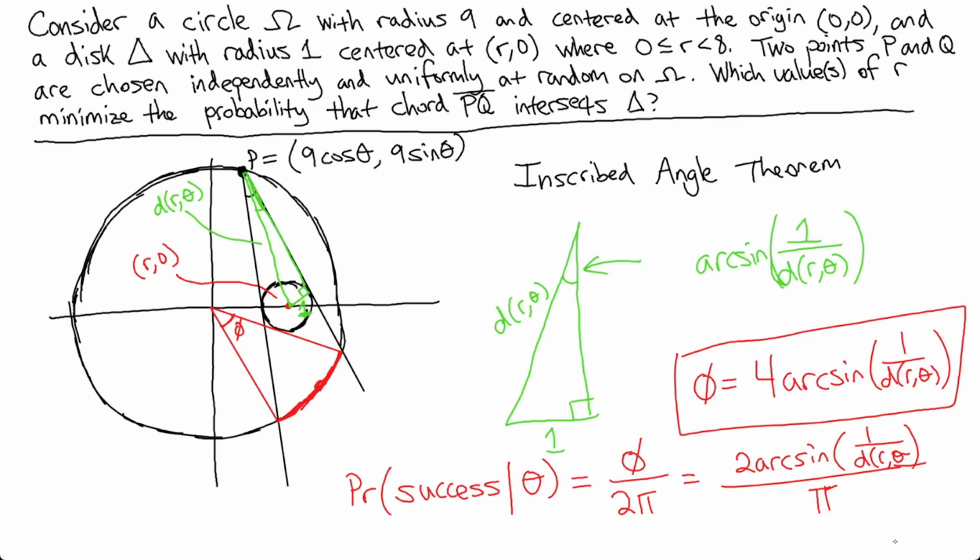If we go back, d was this distance between P and the center of the disk, and r minus 9 cosine theta is actually just the distance in the x direction between these 2 points, because r is the x-coordinate of the center of the disk, and 9 cosine theta is the x-coordinate of P. So I am comparing the square of the function d, which is the hypotenuse, to the square of this short side.